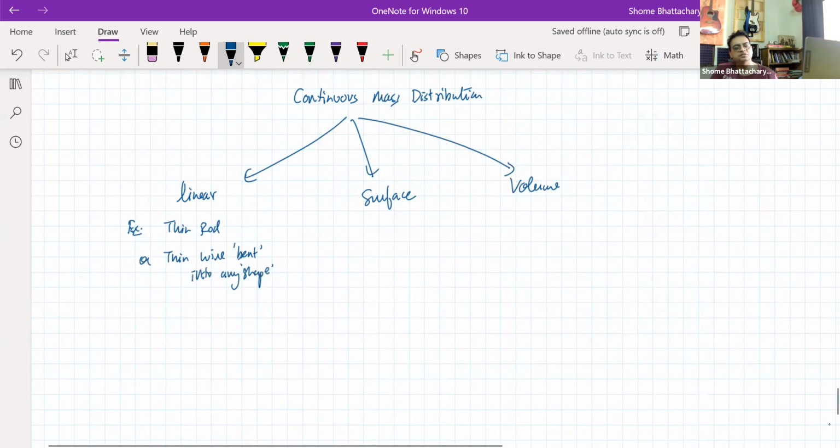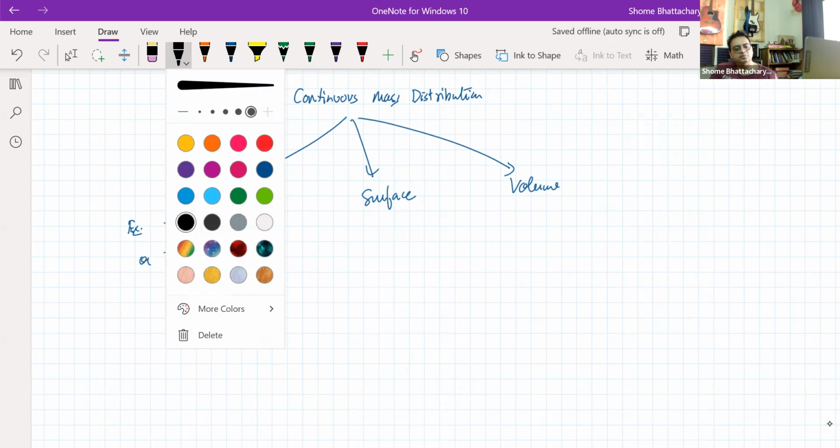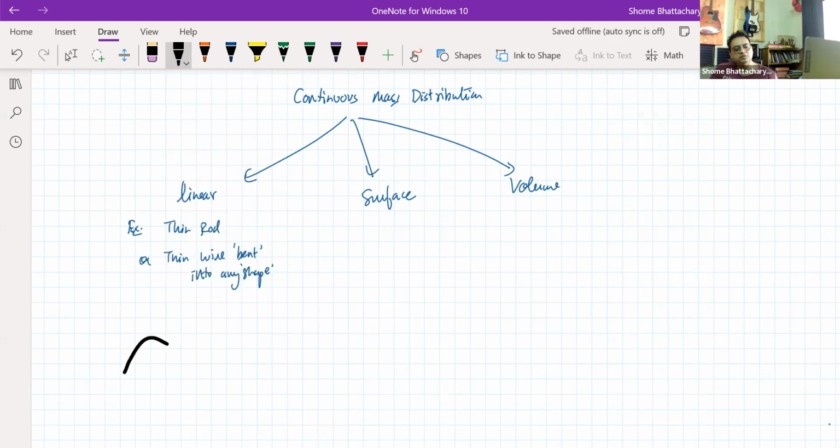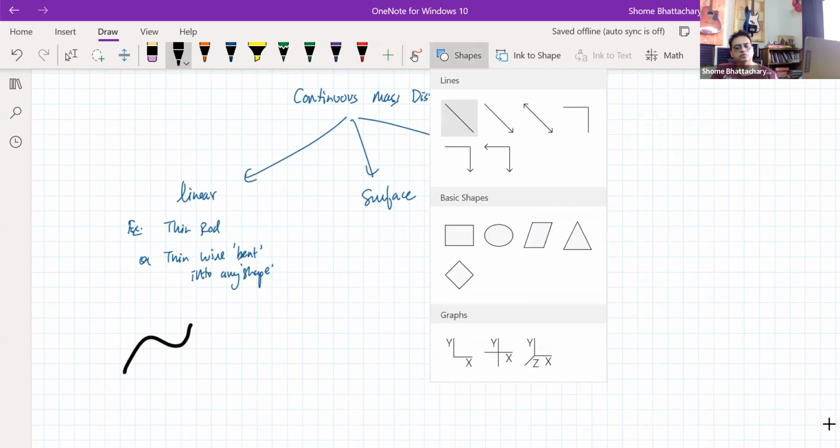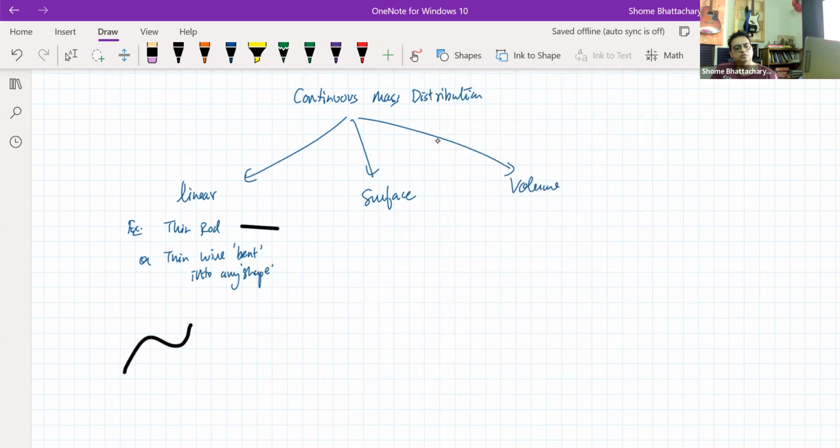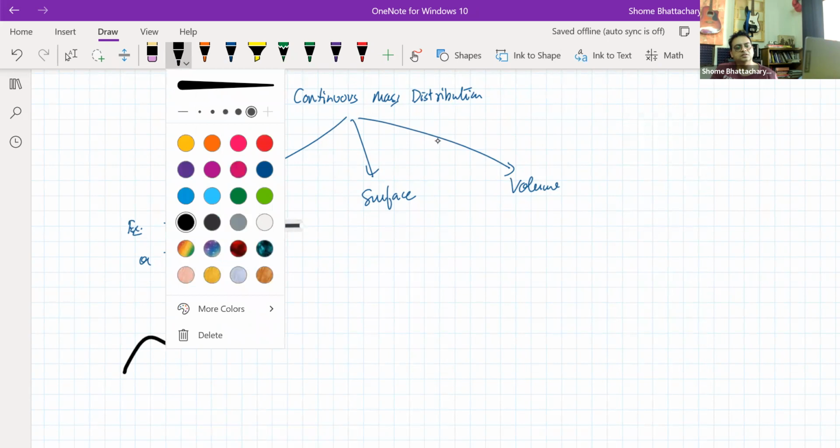I've taken a thin wire and bent it into some shape like this. Or it could be a rod of particular length, but negligible thickness in comparison.